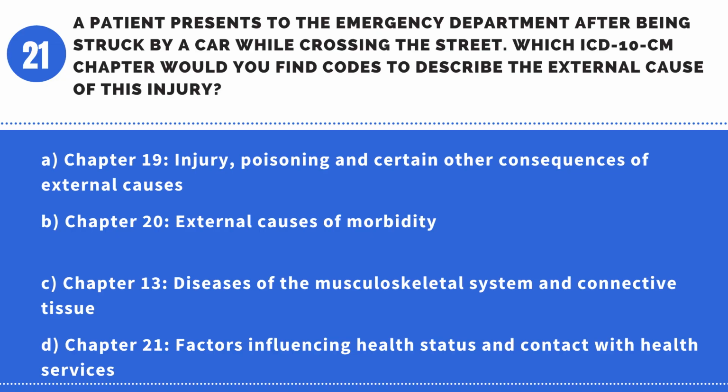B. Chapter 20. External causes of morbidity. C. Chapter 13. Diseases of the musculoskeletal system and connective tissue. D. Chapter 21. Factors influencing health status and contact with health services.